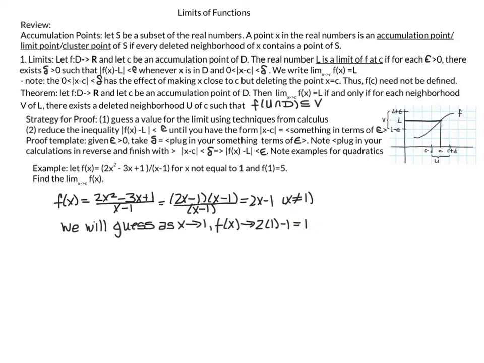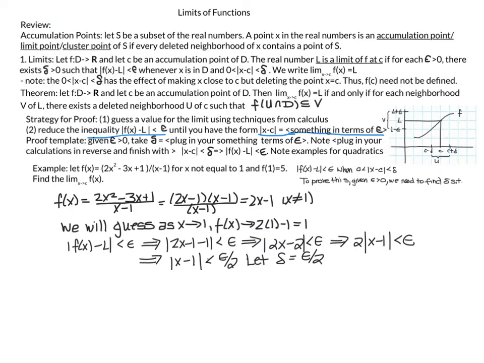We're just fine. Our next step is to look at |f of x minus L| is less than epsilon and get it into the form |x minus c| is less than something in terms of epsilon. So f of x minus L, our f of x is going to be 2x minus 1, our proposed limit is 1, less than epsilon, and we want to manipulate this until we get |x minus c| less than something in terms of epsilon.